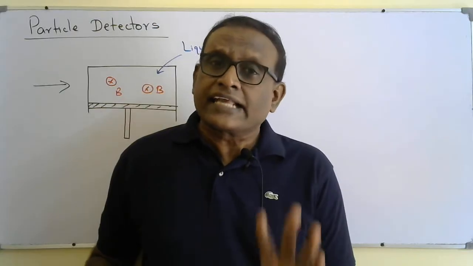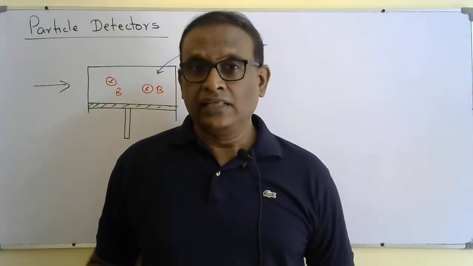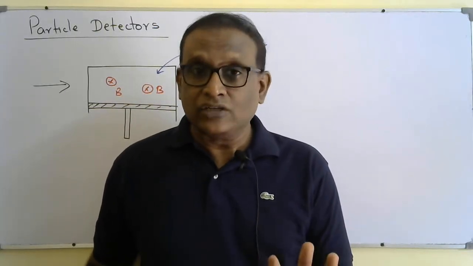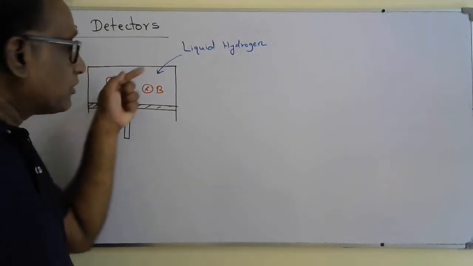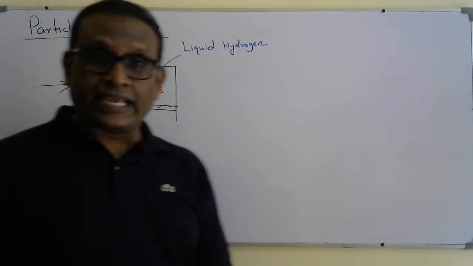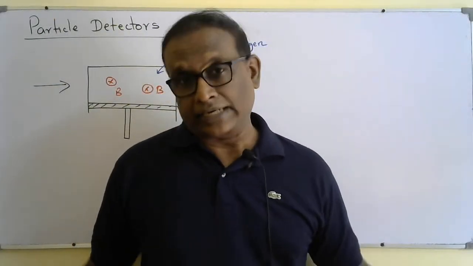By using the direction of curvature of the track, we can identify whether the charged particle passing through the liquid hydrogen is a positively charged particle or a negatively charged particle.